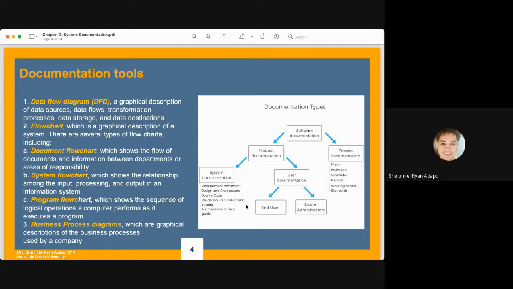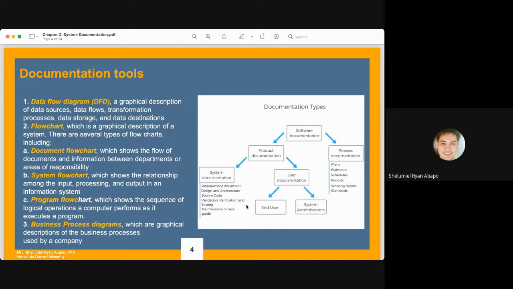The system documentation will include requirement documents, how it was designed, the architecture, and the source code, because usually you have to give up the source code of a program or software, especially in accounting information software, in order to allow the users to bend, to adopt, and to customize this accounting information system to additional needs that it may encounter in the near future as they continuously use and improve the accounting software, because sometimes an accounting software may not envisage everything about the business.